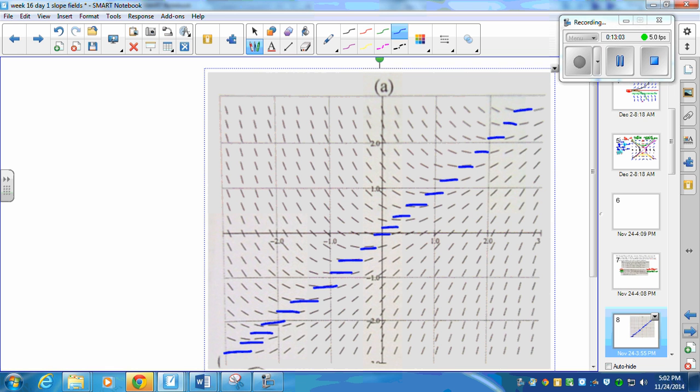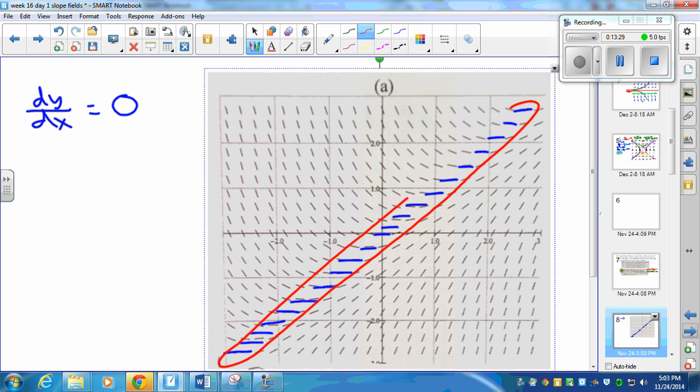Everywhere there, the slope seems to be flat. Okay? So that is going to be so important for us to realize. Everywhere there, the dy dx is flat, which is 0. Now, that seems to be a specific path being followed here, or a specific trend line.